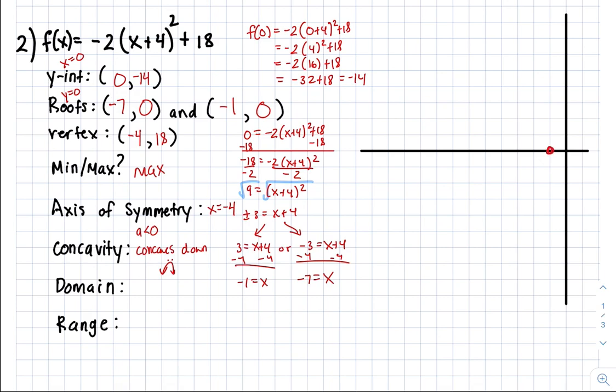Negative 1, comma 0, and negative 7, comma 0, and negative 4, comma 18. I'm just going to put these by intervals of 5, you guys.